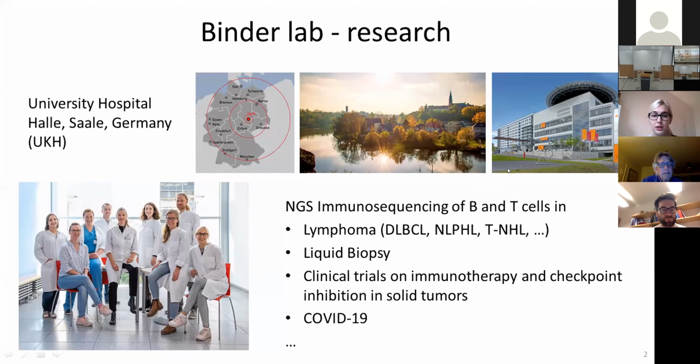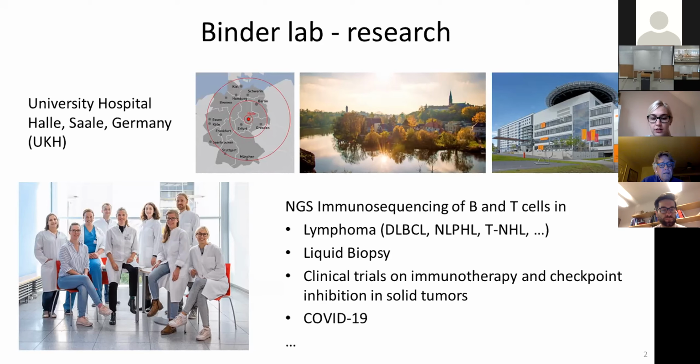Our group is hemato-oncologists, so we are working on types of lymphoma, both B and T cell lymphoma, for example, DLBCL or NLPHL. And we also do translational research for a number of clinical trials on solid tumors, where we often have two sequencing approaches.